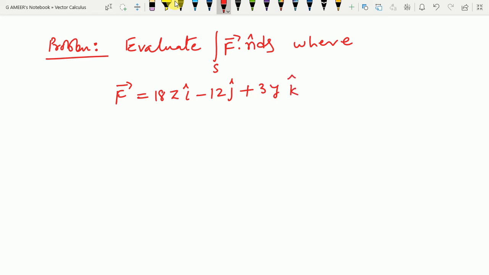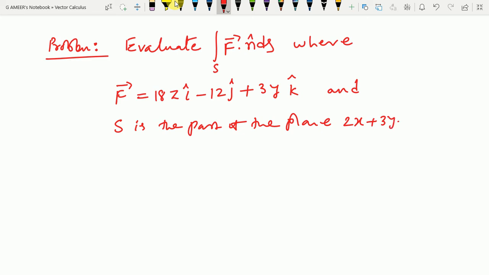And surface S is given as a part of the plane 2x plus 3y plus 6z is equal to 12, located in the first octant.